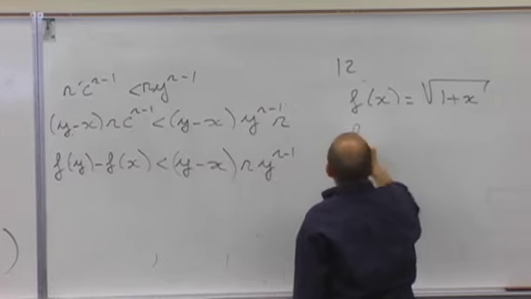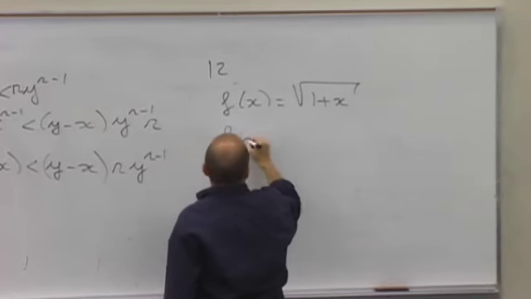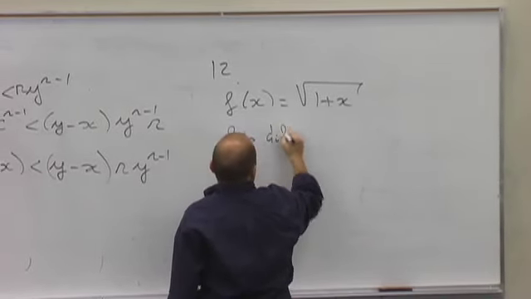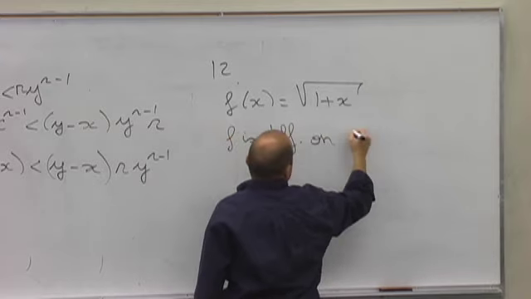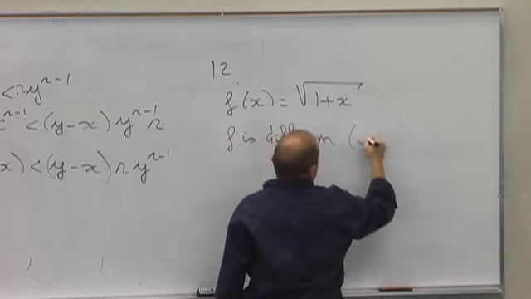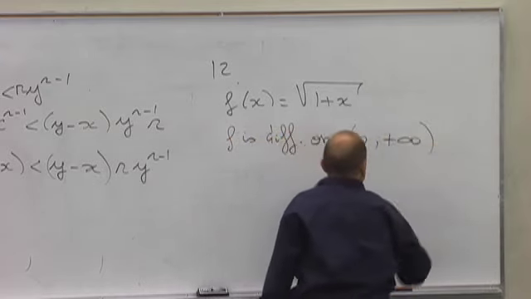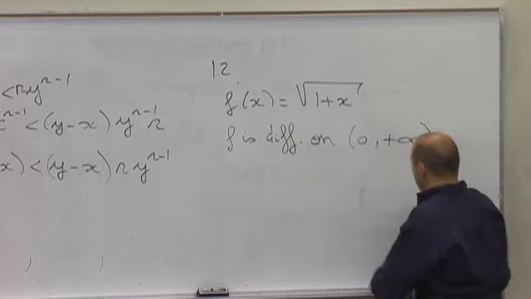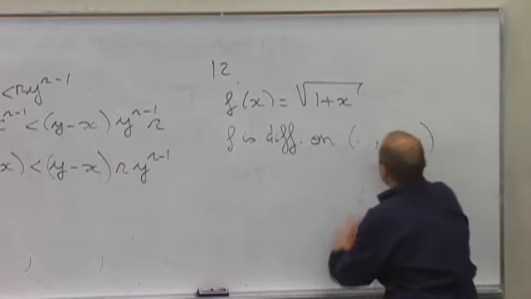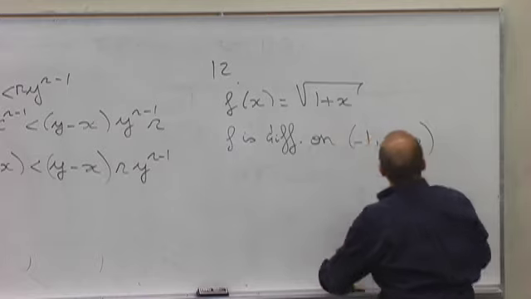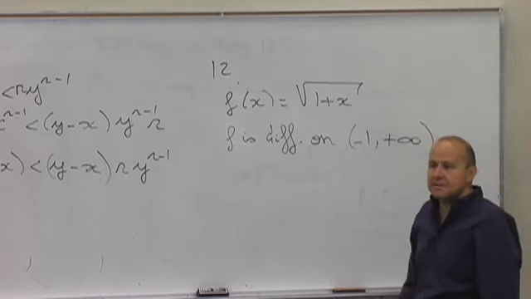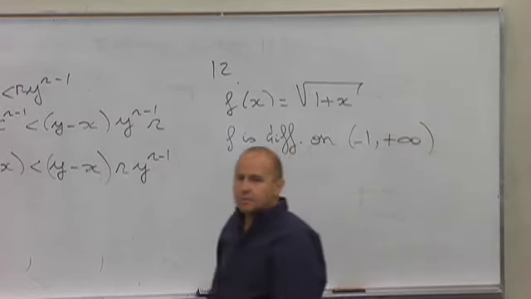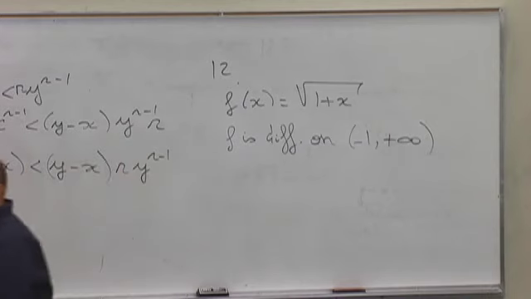So f is differentiable on (0, positive infinity). Actually on (minus 1, positive infinity). How do I justify this? Why is this a true statement, that f is differentiable on (minus 1, positive infinity)?